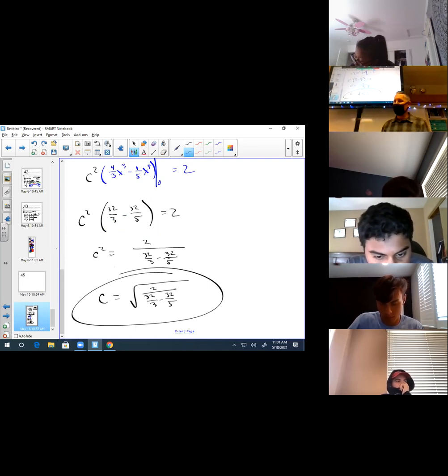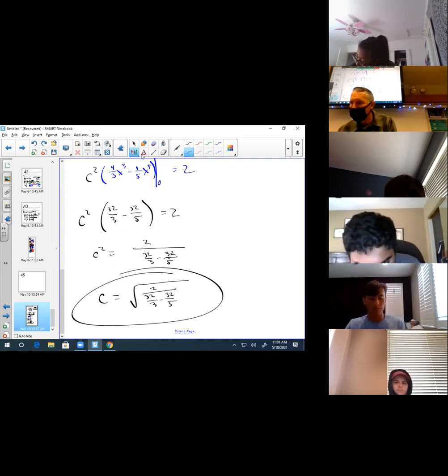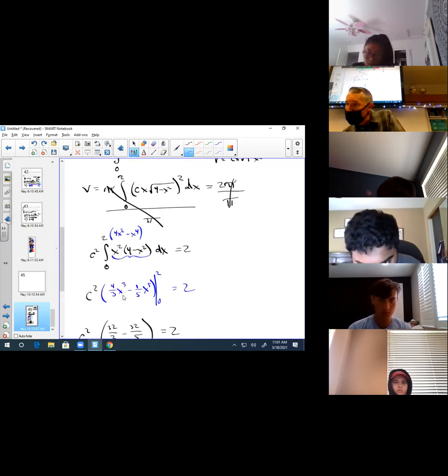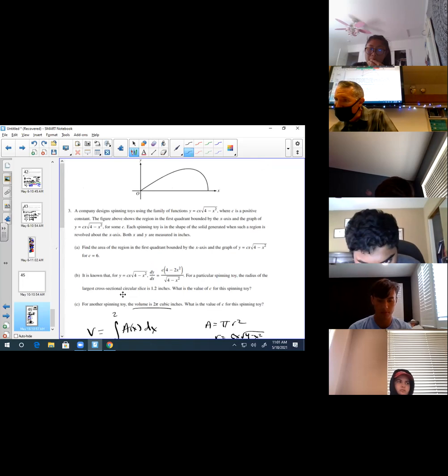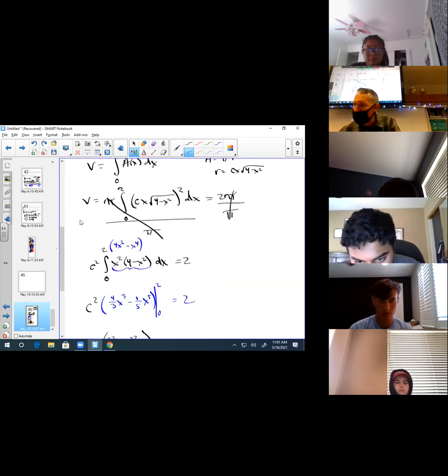I left it completely nasty and unsimplified on purpose. Now, when you take the square root of both sides, you have to add a plus or minus? Yeah, typically you do, but here they told me that c is a positive constant, so I didn't need to put the negative in there.